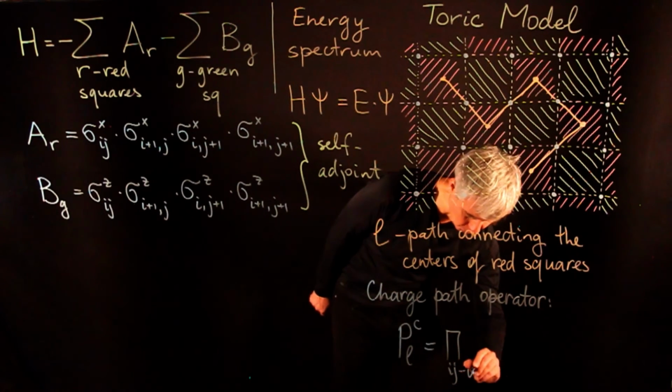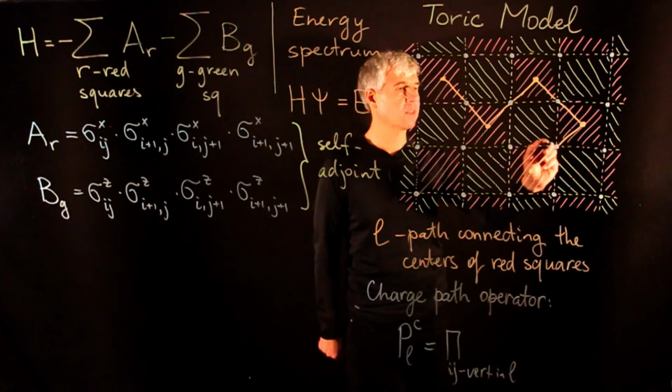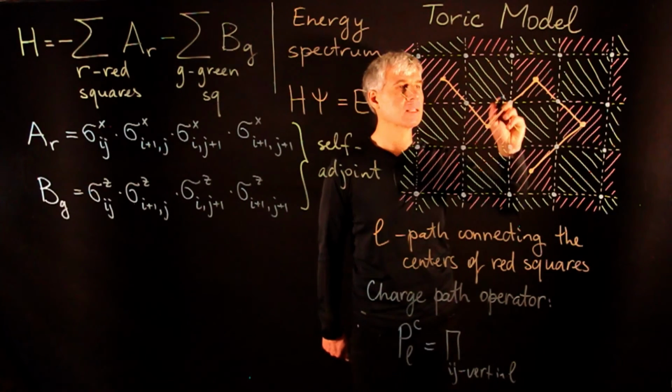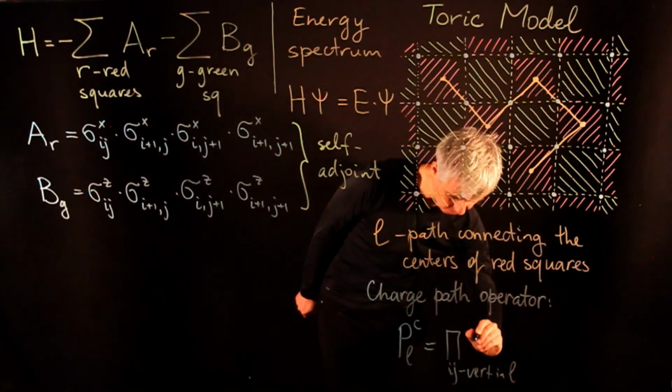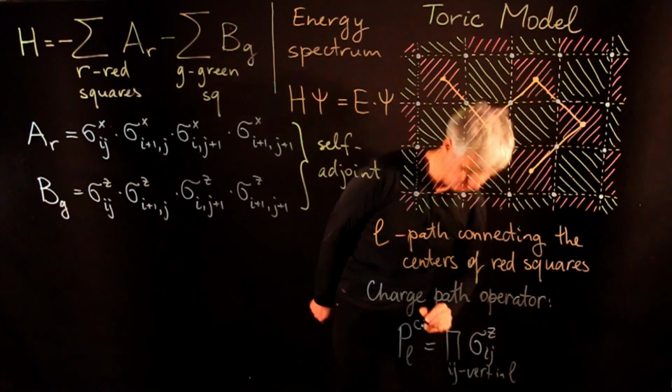So these will be vertices in the path L. So these are the blue vertices of our lattice through which this path is going through. And here we multiply this by sigma z ij.